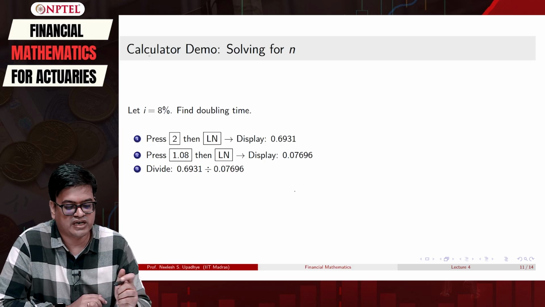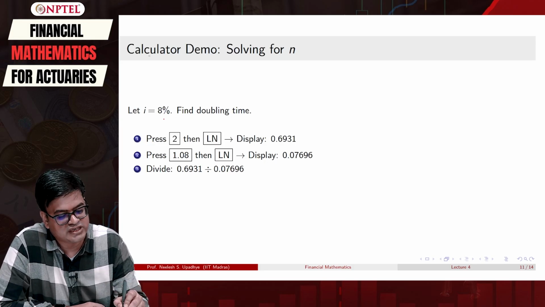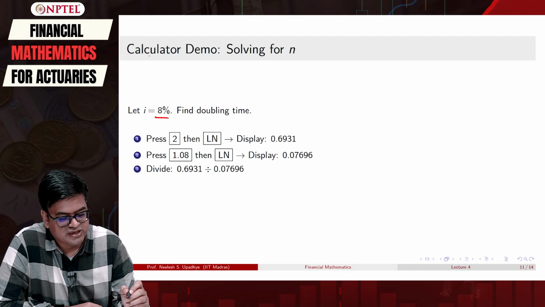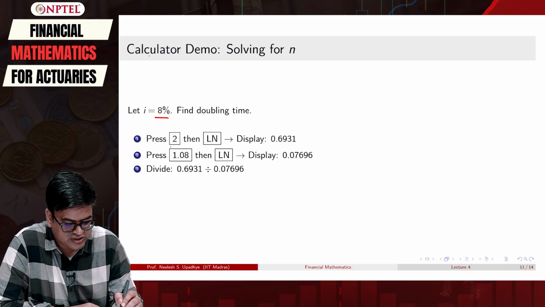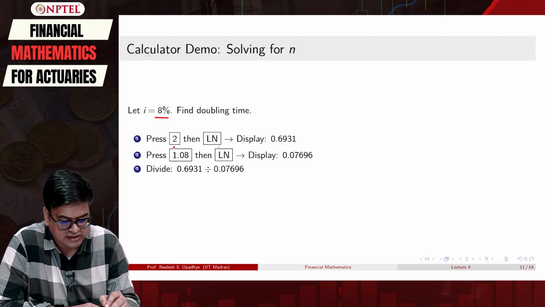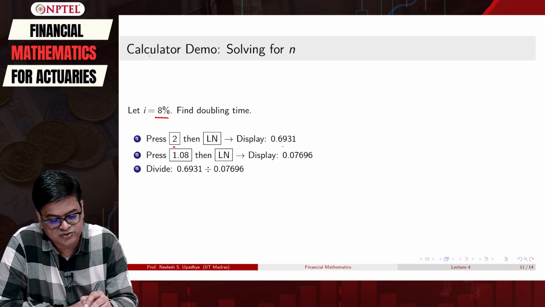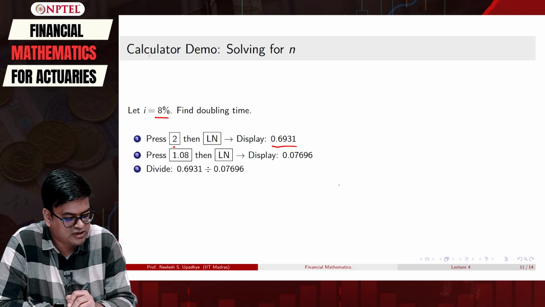So on scientific calculator, if you consider interest rate to be 8%, you have to simply use this functionality of scientific calculator, where you will first press the number which is the double, so 2, then take the natural log of it, which will give you the display as shown here, 0.6931.